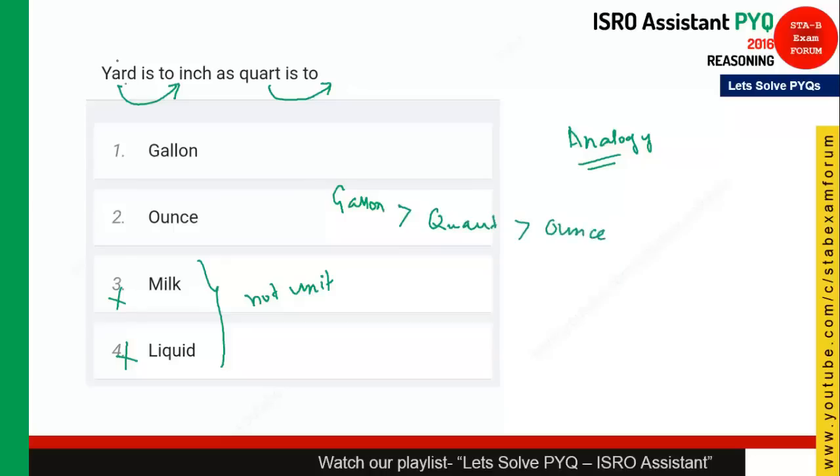If you see the relationship between yard and inch, yard is greater than inch. Similarly, you need to find the unit such that quart is greater than the following unit. As quart is greater than ounce, option 2 is the right answer.